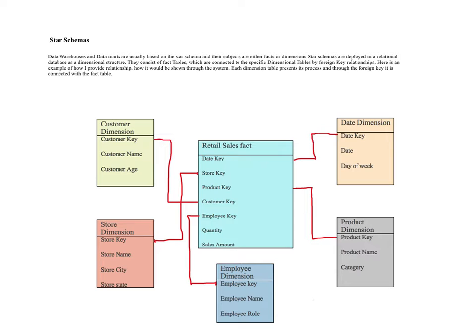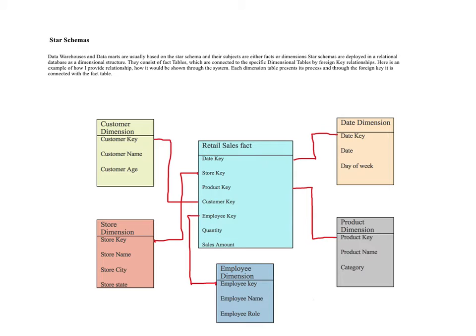Here is an example of how I have provided the relationships, which would be shown through the system too. Each dimension table represents its process, and through the foreign key, it's connected with the fact table.